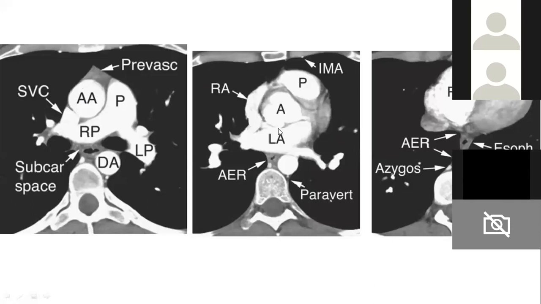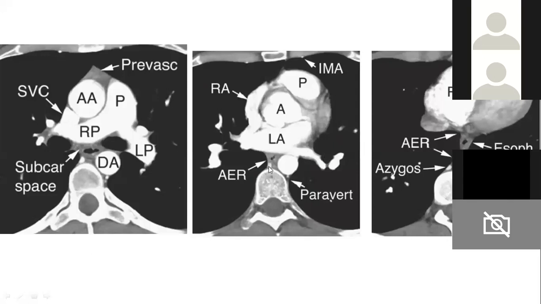This is at the level of the aortic outlet, the aortic valve, right? Now, instead of the superior vena cava, we have the right atrium here. The pulmonary artery further goes down, arising from the right ventricle. And here we have the left atrium, from which we are seeing the pulmonary veins.